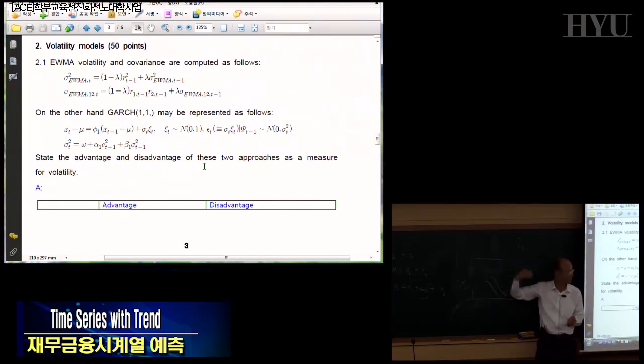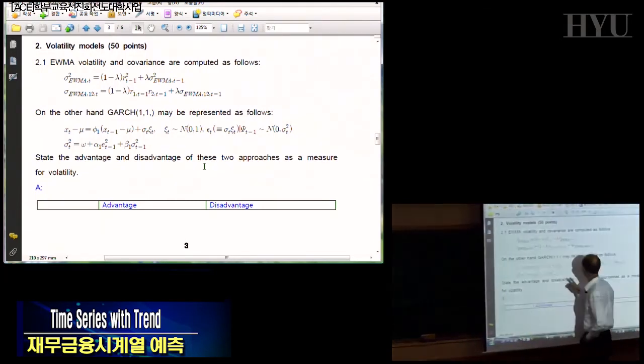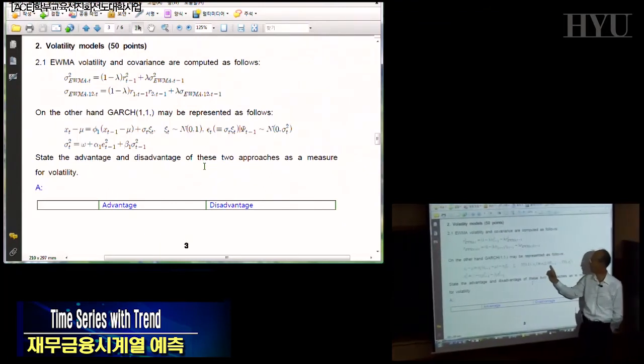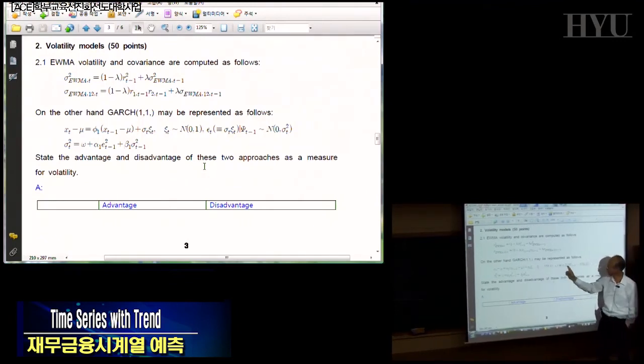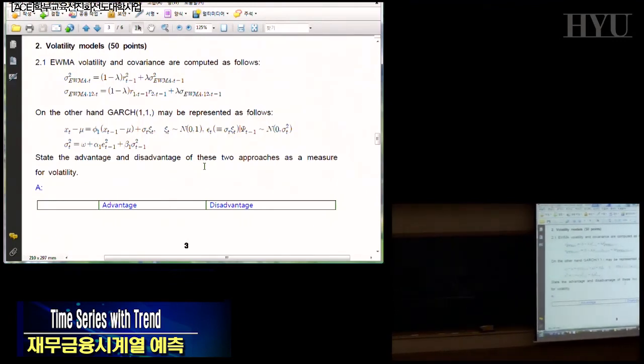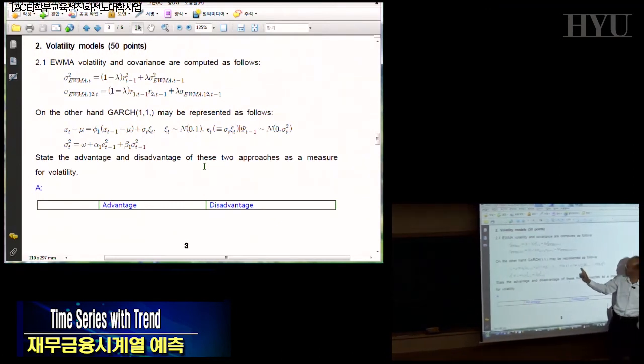Why? Because epsilon t is defined as not just unconditionally standard normal. It is multiplied by sigma t, which varies over time, right? So what you have to do is, using this relationship, you compute the fitted residual.